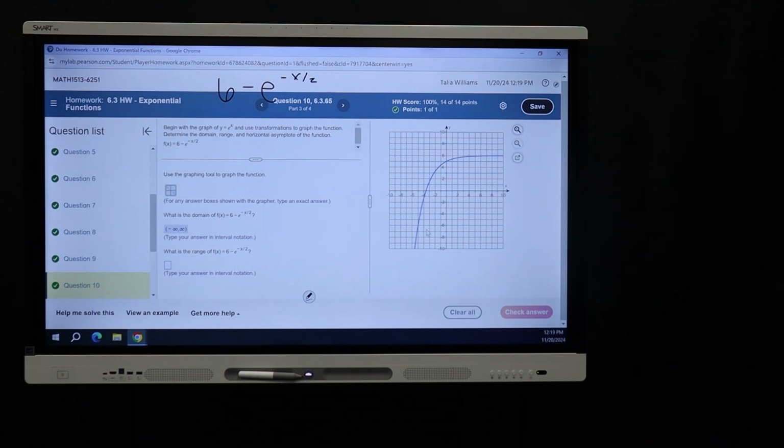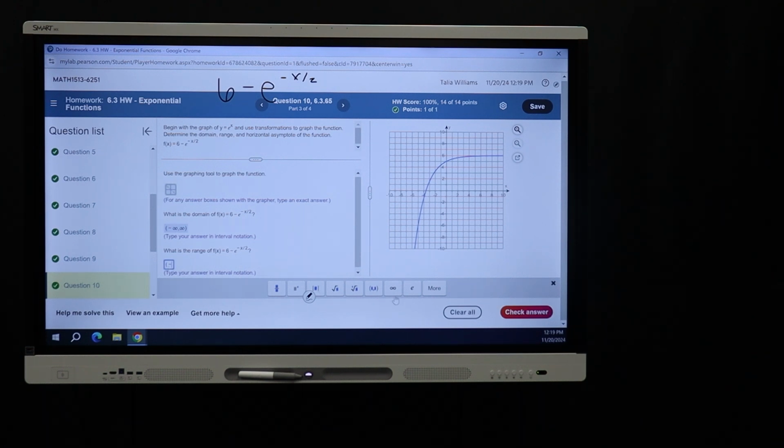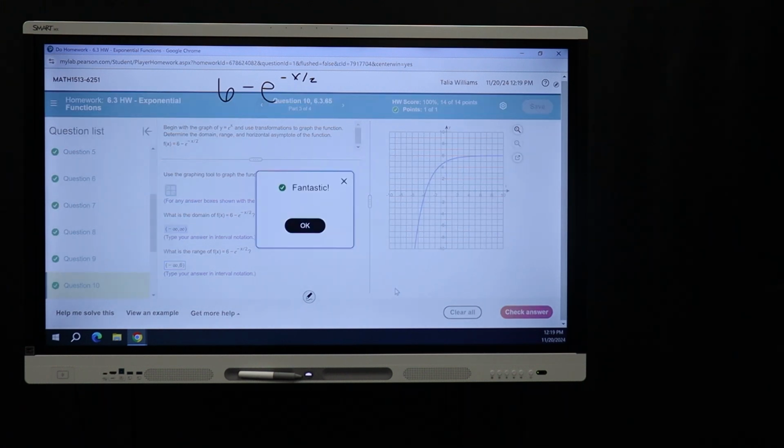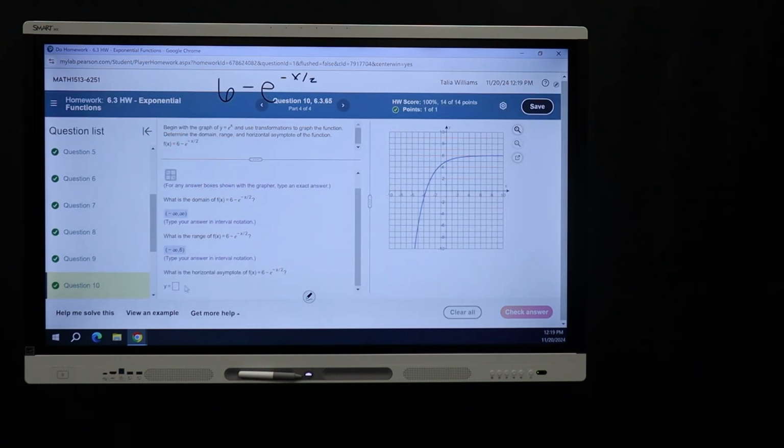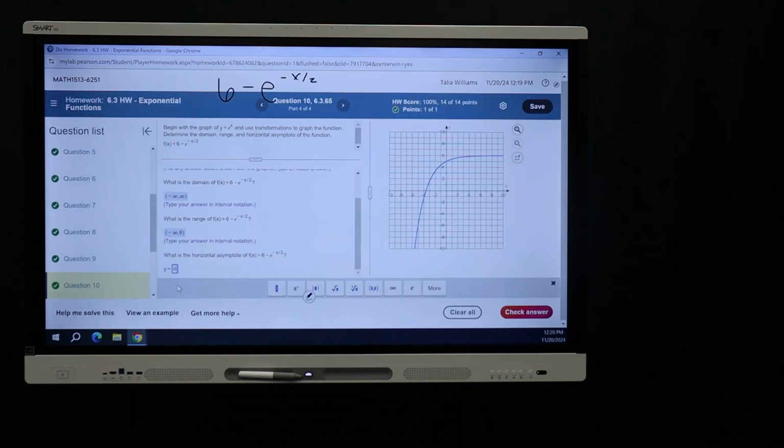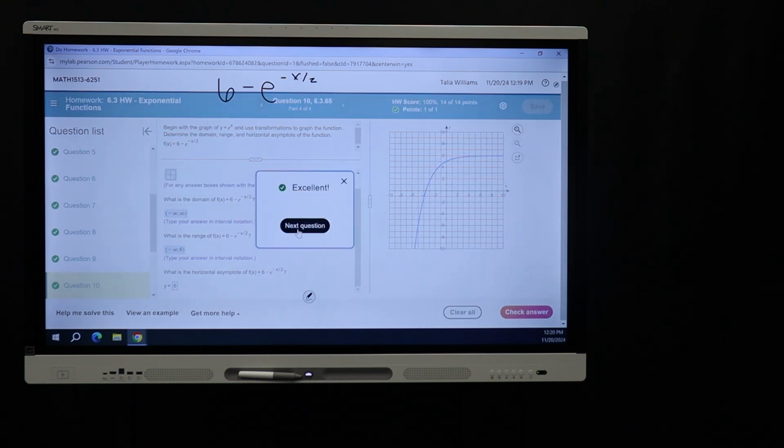Range is going to go from negative infinity to 6 because this one is also reflected. And that means our horizontal asymptote is at y equals 6, and we just have to type 6 because they have the y equals.